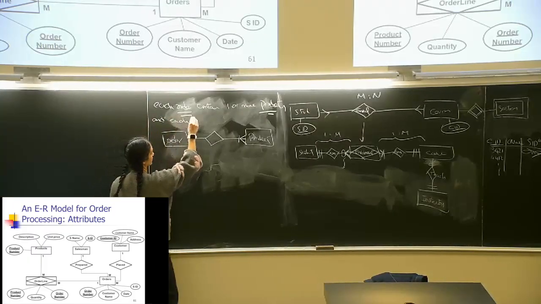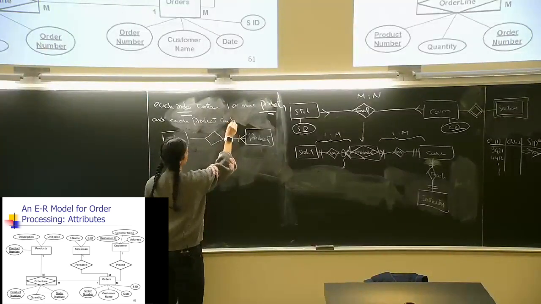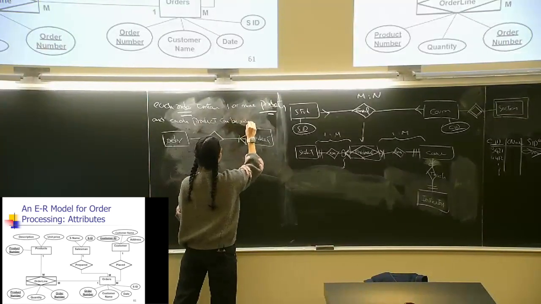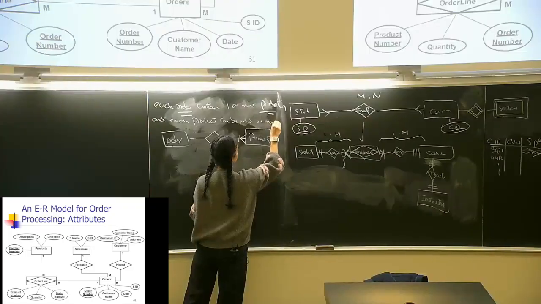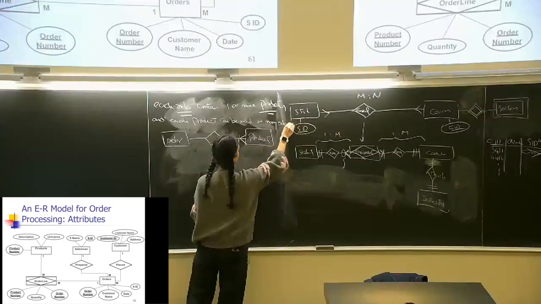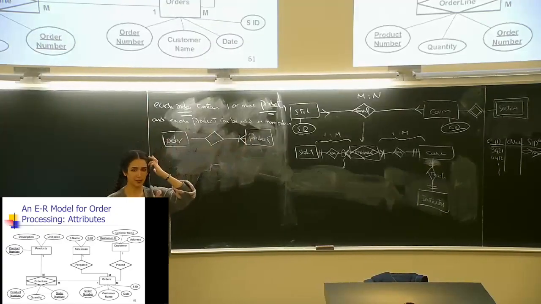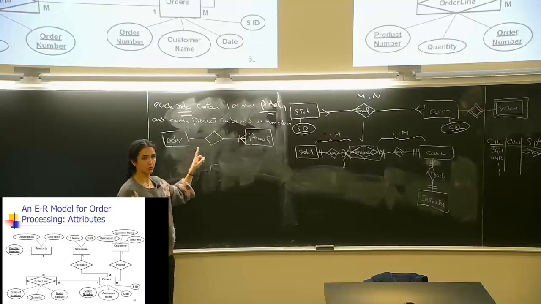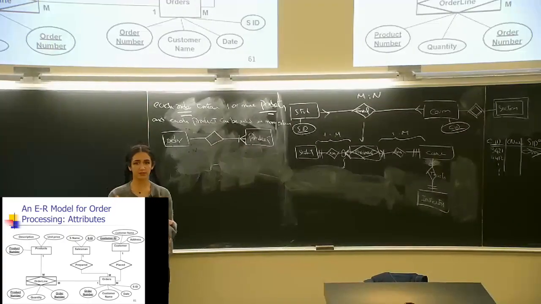Each product can be included in or appear in one or more orders, right? Let's say you do grocery shopping. Your order may include different products like milk, bread, chocolate, and so on.